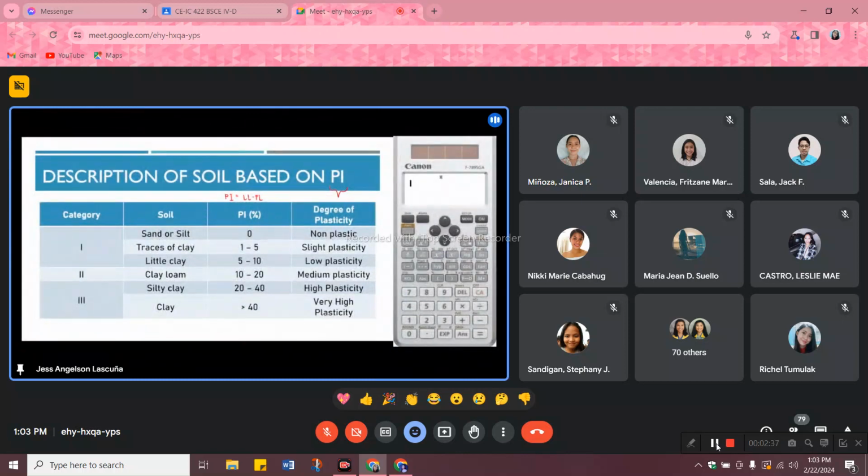Then for PI that is equal to zero, those type of soil are considered as non-plastic. Ang ilang degree of plasticity is zero, so none. So that's why they are called non-plastic. So those types of soil are sand and silt.